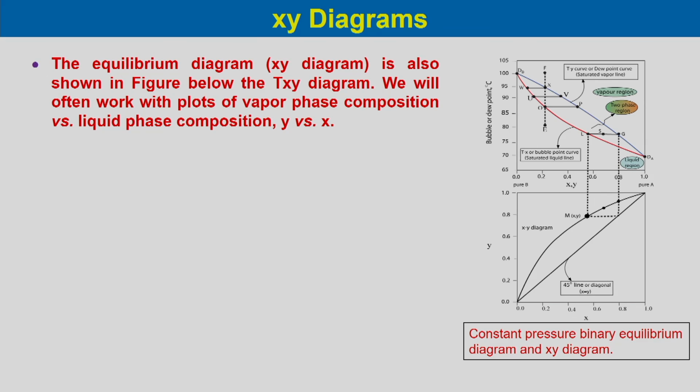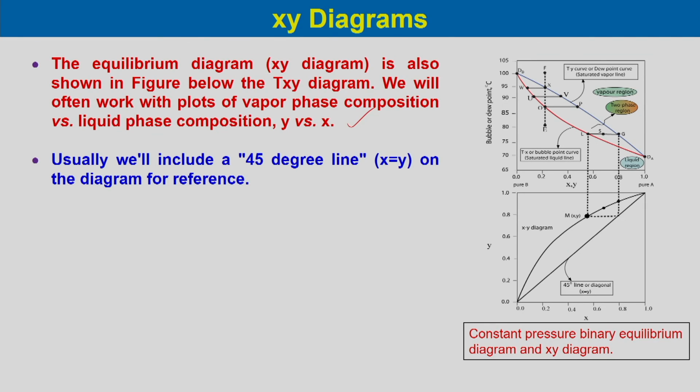The equilibrium diagram, which is called the XY diagram, is also shown in this figure below the TXY diagram, and we will often work with plots of vapor phase composition versus liquid phase composition, that is Y versus X. Usually we will include a 45-degree line in the XY diagram, where this is Y and this is X. This 45-degree diagonal, at x equal to y, is for reference.